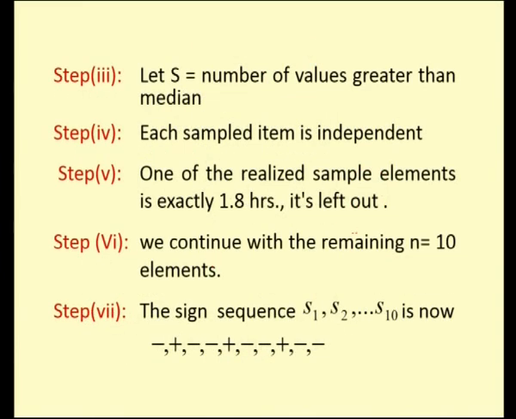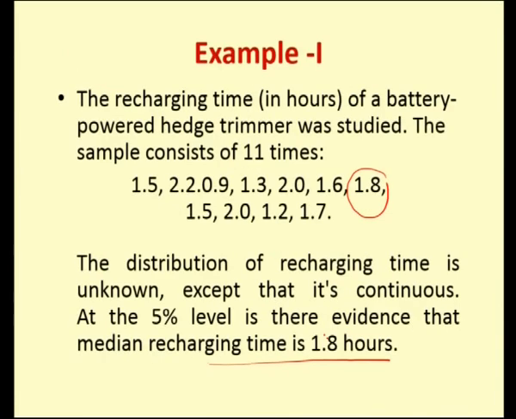That is left out, so you continue with the remaining 10 elements. Now you have to find the sign sequence S1, S2, up to S10. Go to the problem, the median value is 1.8.